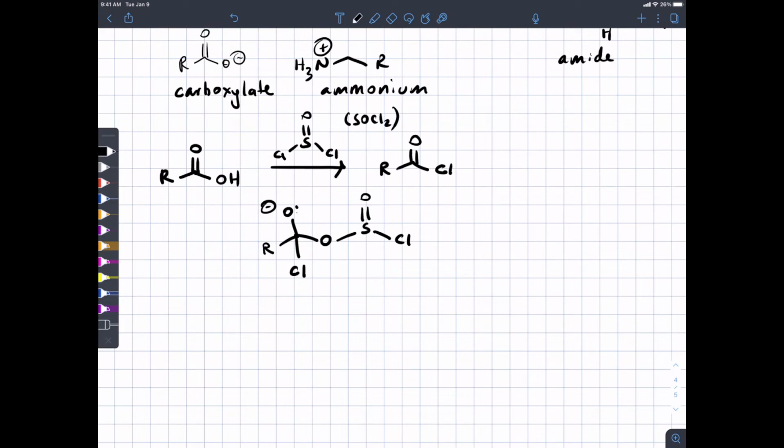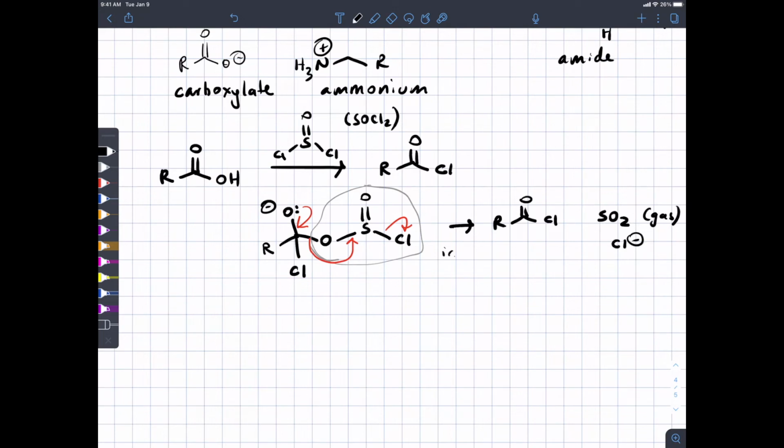What causes the acid chloride to form is that the group that leaves is a fantastic leaving group, because it can degrade rapidly as it's leaving into your acid chloride, SO2, which is a gas and bubbles away, and then Cl minus.